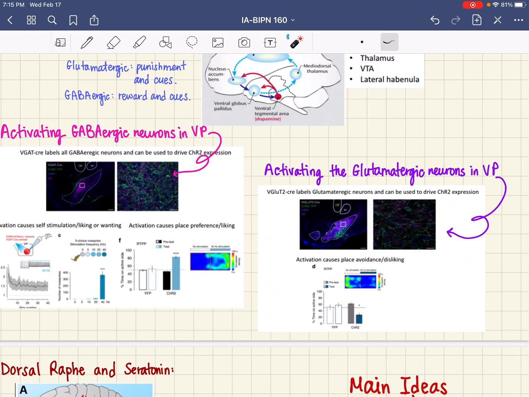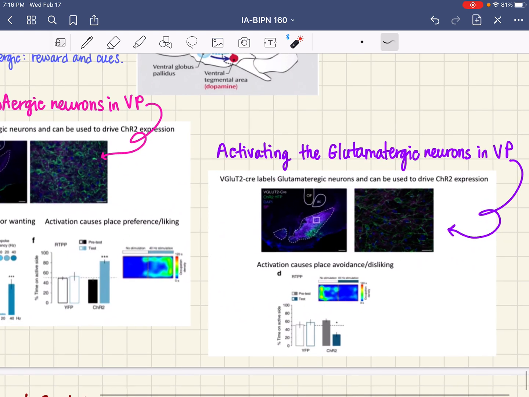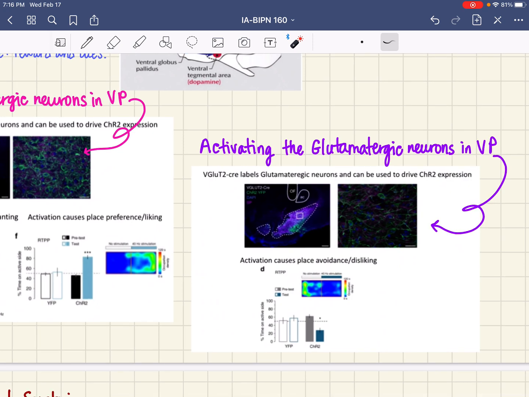And if you remove a stop codon, then you can express channel rhodopsin. In this case, they expressed it in glutamatergic neurons of the VP. And again, they shined light in this right side of the box. And when they shined a high frequency of light, they activated the channel rhodopsin in the brain of the mouse. And this activation caused activation of the glutamatergic neurons.